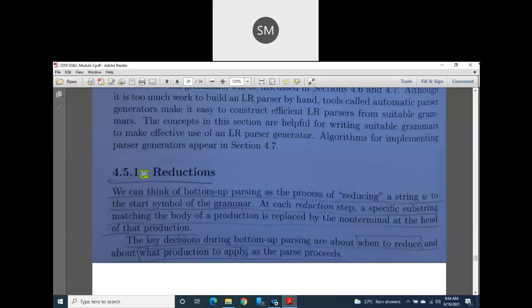If it is not present, you take the next input character and check again whether those two characters are present. If not, you take the next character and check all three characters on the RHS. If it is present, like T star F, then you reduce it to the non-terminal, and that production is applicable.